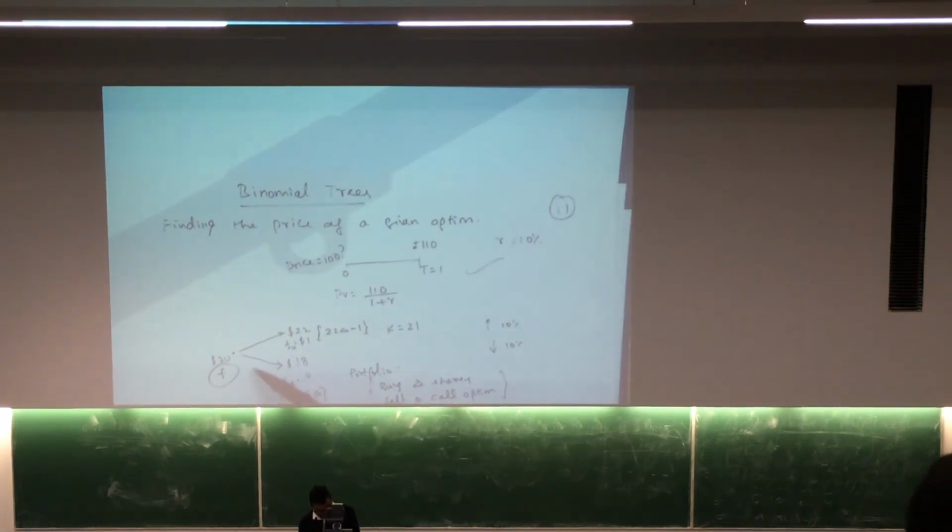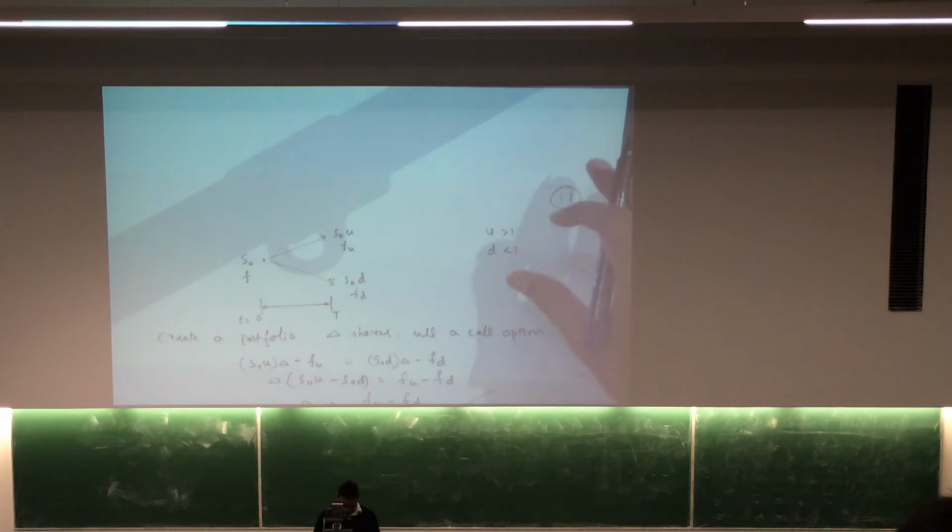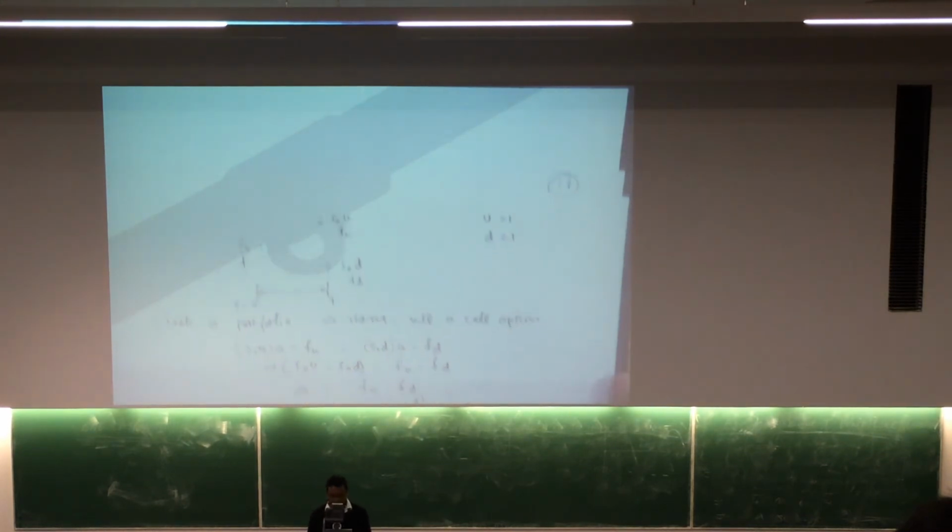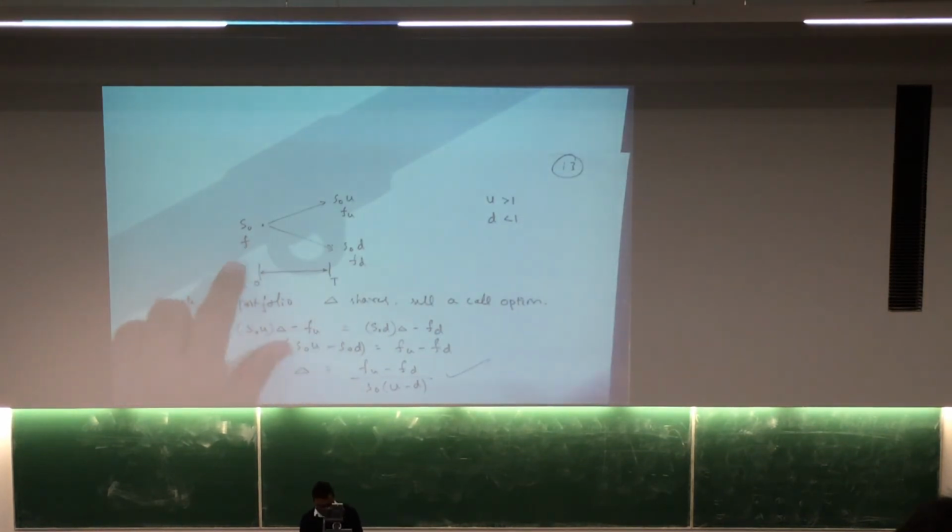If the stock price is up, when you are looking at the numbers, the value of the option is FU, and FD when the stock price is going down. And by using those values, you can find the value of the option when time equals 0. That is the ultimate aim. So I just used variables, nothing else.